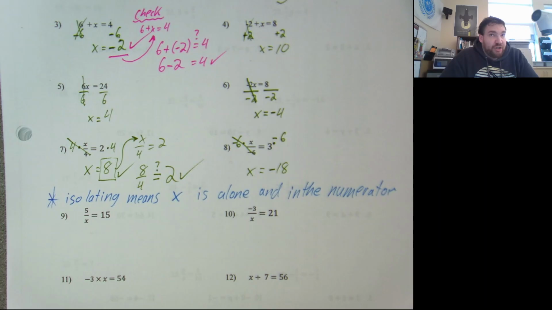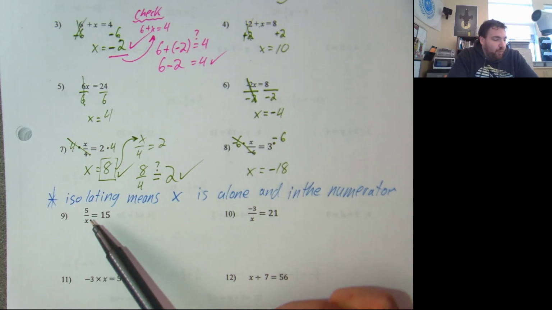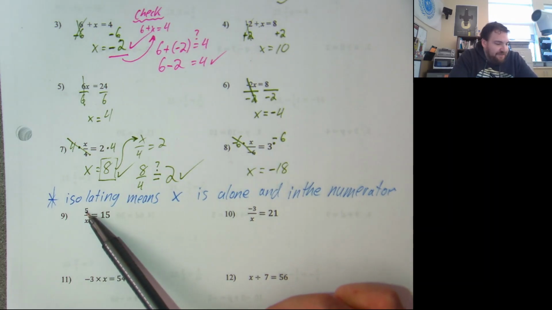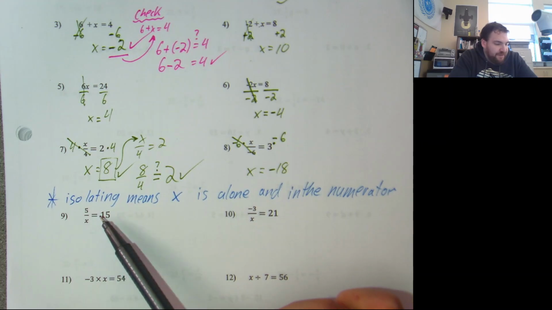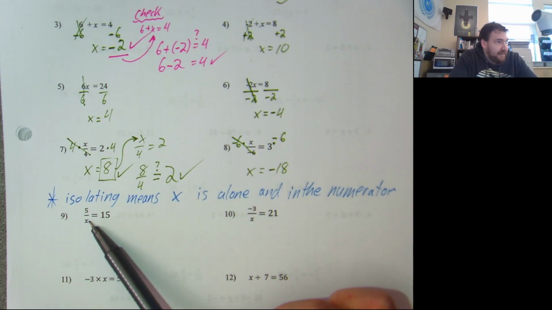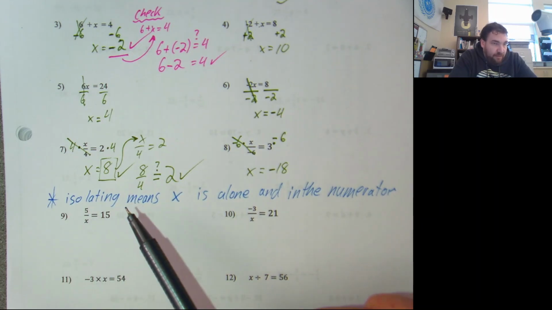X is currently not in the numerator, so we have to get it up there first. So what I've written here is 5 divided by x equals 15. I don't want divided by x. I want x alone, and I want it up top.